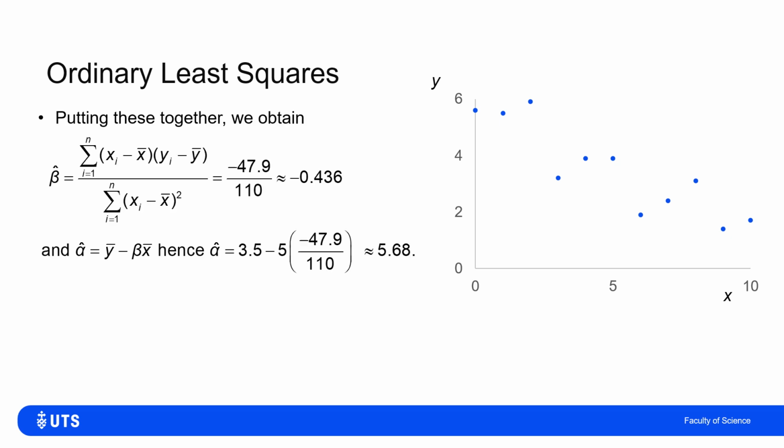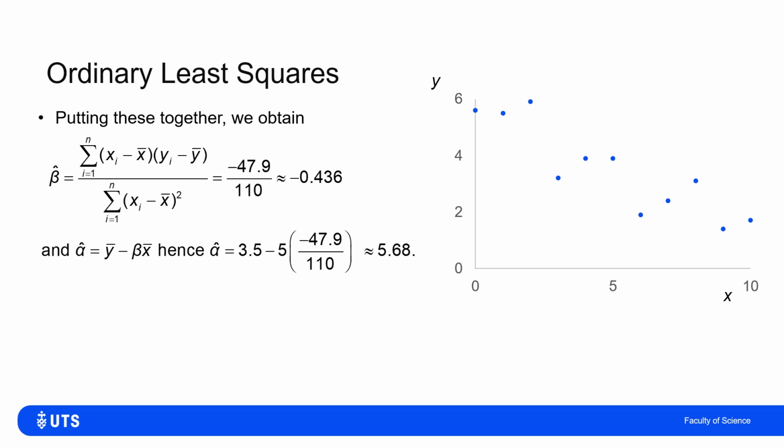So when I put all of that together, what I obtain is beta hat being this minus 47.9, the sum of the xi minus x bars multiplied by the yi minus y bars, divided by the sum of the xi minus x bar squared. So this gives me a slope of approximately minus 0.436.